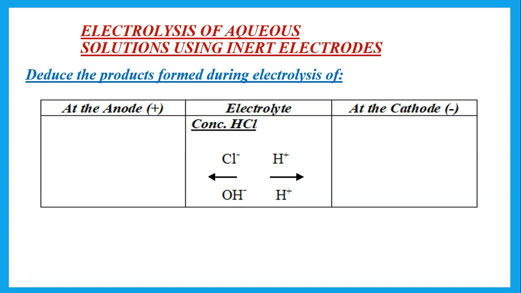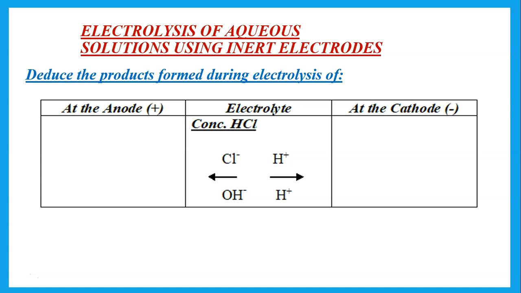And that means we have a choice at the anode between chloride and hydroxide. When we have a choice between chloride and hydroxide, the one present in larger amounts is the one that reacts.